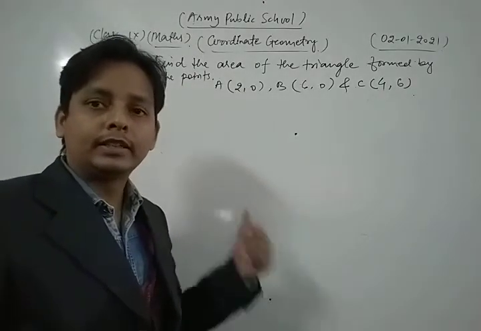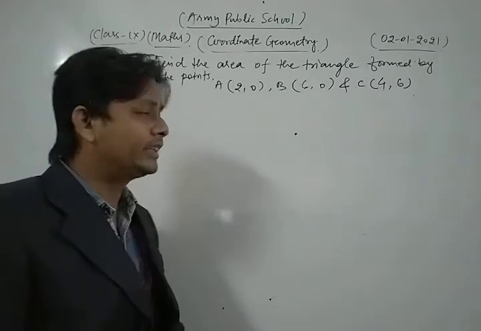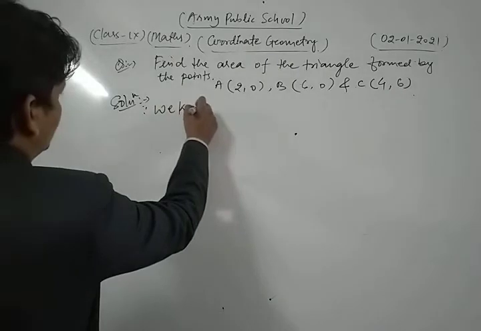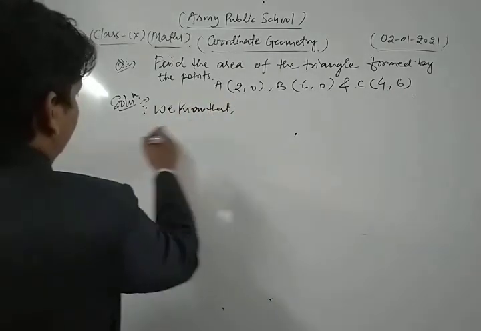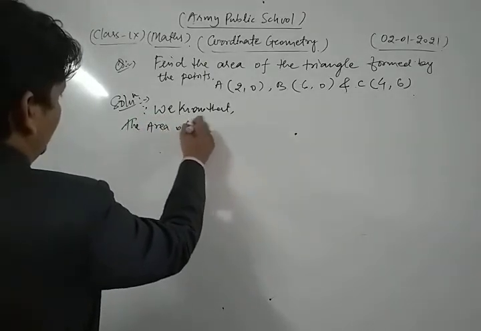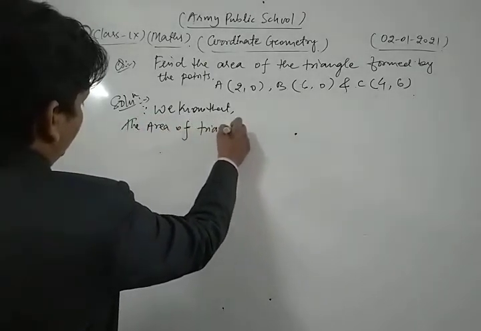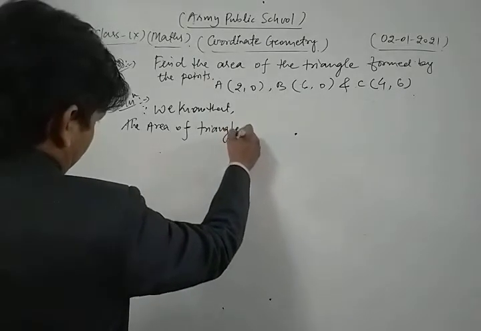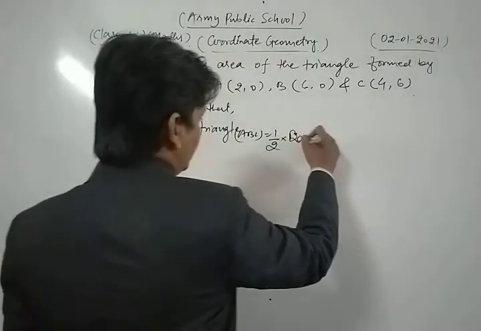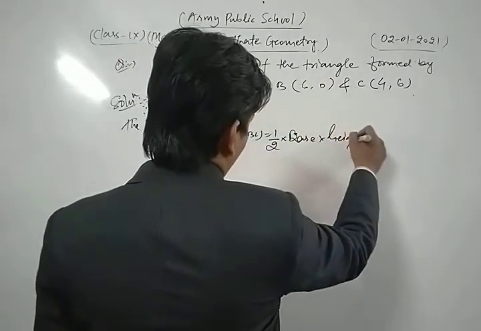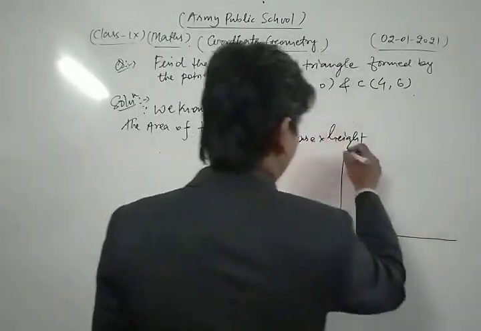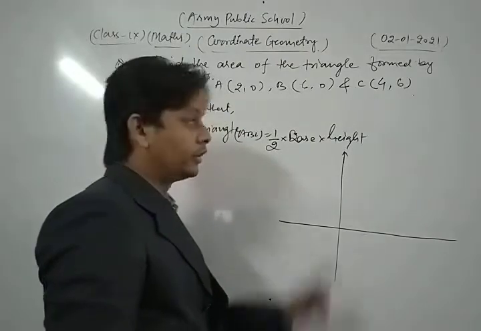After that, you know that the general formula to find the area of a triangle is, since we know that, the formula for the area of triangle ABC is equal to 1 upon 2 into base into height. So first of all we draw the graph according to the given question.